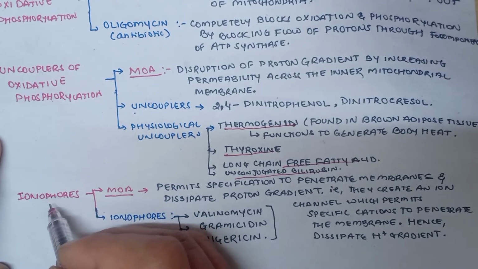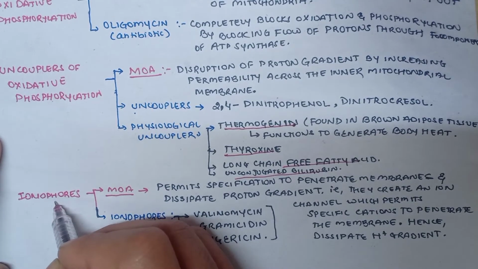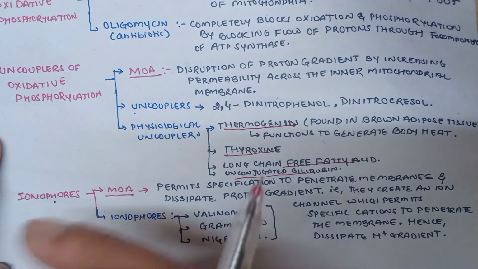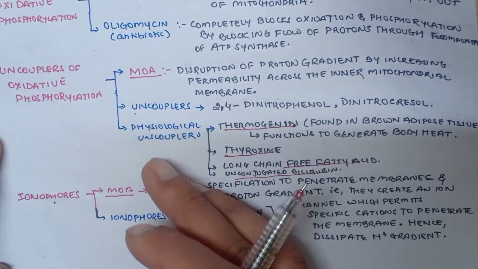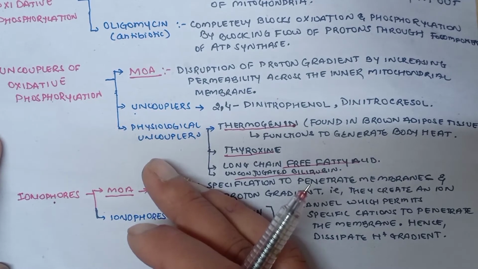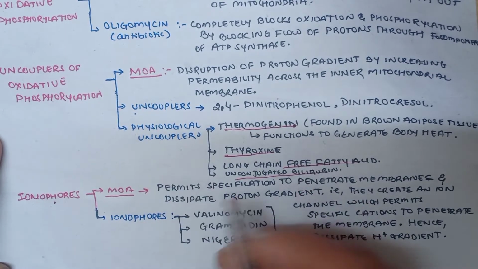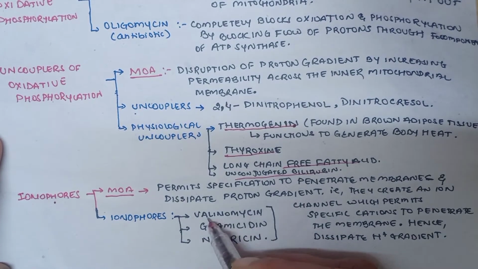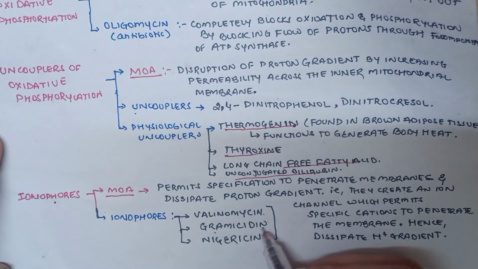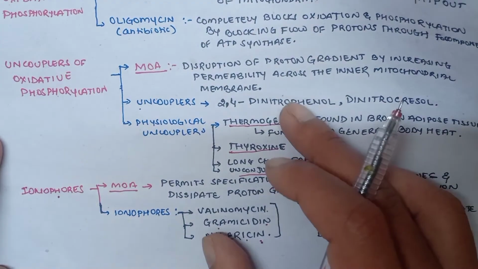These ionophores will create an ion channel which will permit specific cations to penetrate the membrane, and hence it will dissipate the hydrogen gradient. So who are the ionophores? So the ionophores are valinomycin, gramicidin, and nigericin.